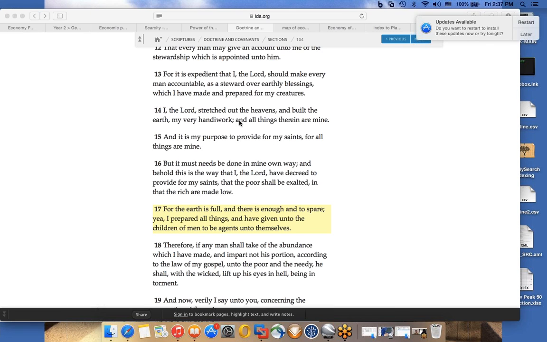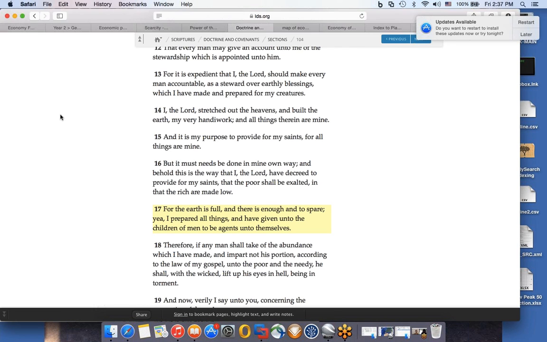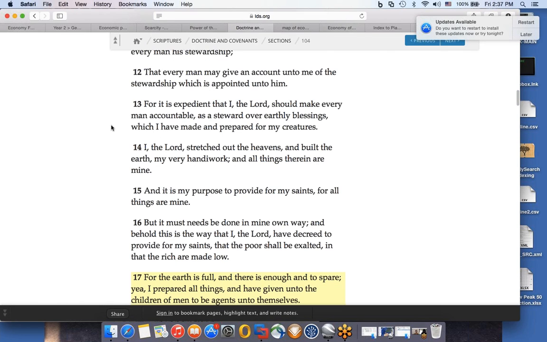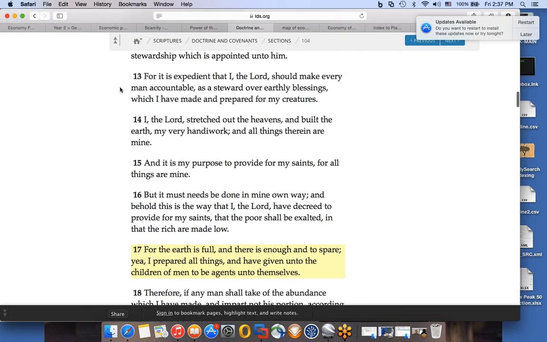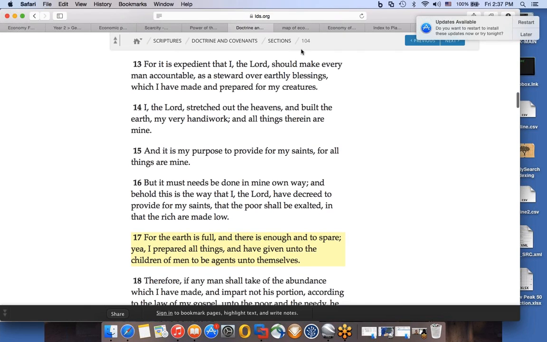So let me give you a kind of different perspective about this issue of scarcity or abundance. And so let's go to Doctrine and Covenants. This is Doctrine and Covenants, section 104. I think that in the lesson I have it wrong.